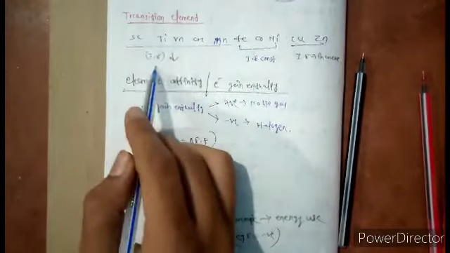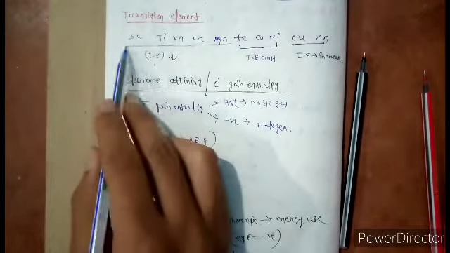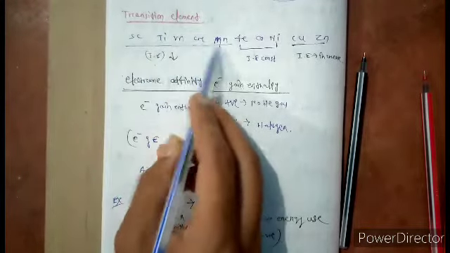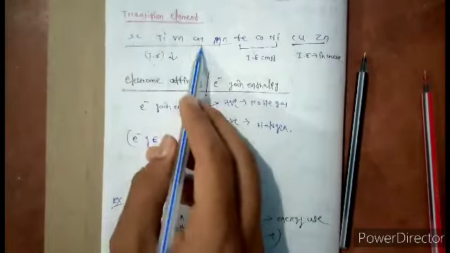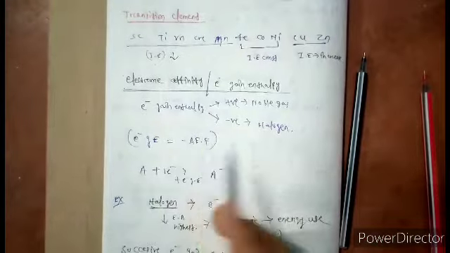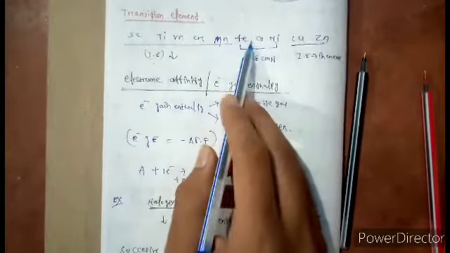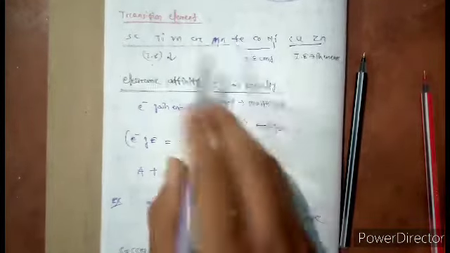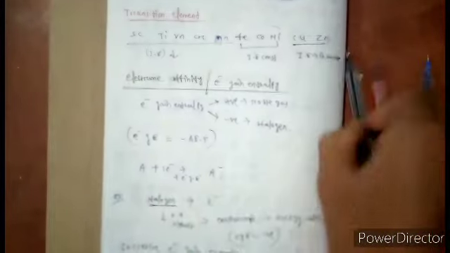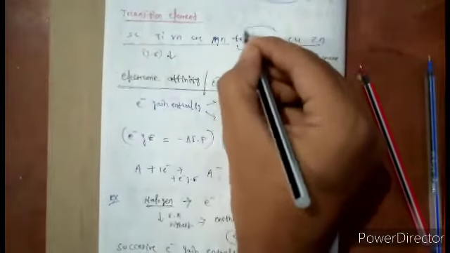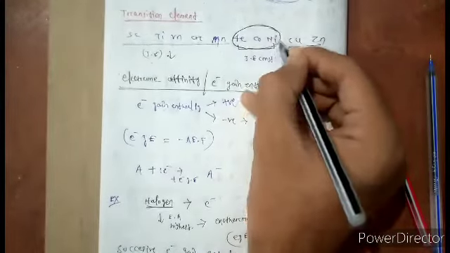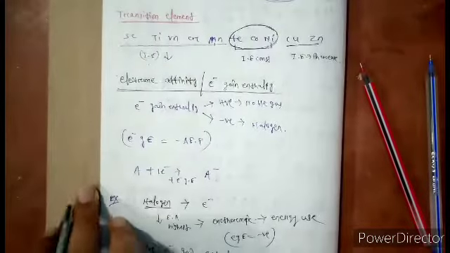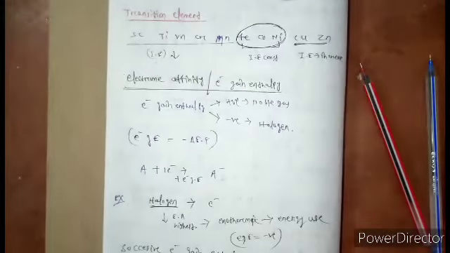Here the ionization energy decreases, scandium, titanium, vanadium, this is the decreasing order. But then manganese, iron, cobalt, nickel: the ionization energy of iron, cobalt, nickel is nearly the same, but again from copper to zinc the ionization energy increases.